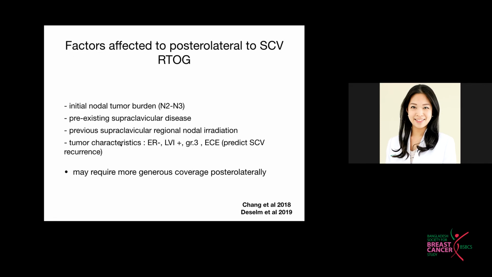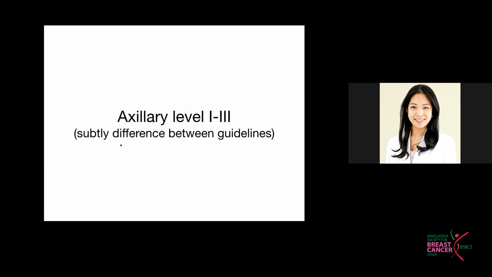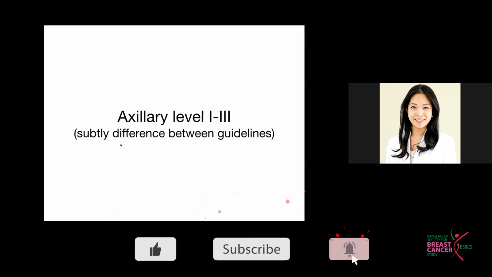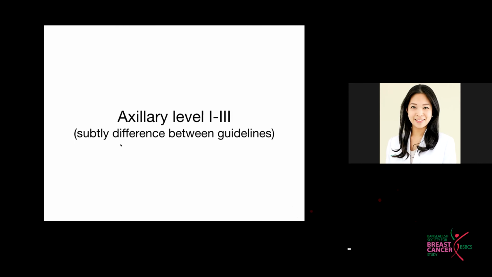So for axillary level 3, there is a subtle difference among the guidelines, and currently either ESTRO or RTOG covers the majority of early recurrence. I would like to point out some volumes, for example, the interpectoral nodes.